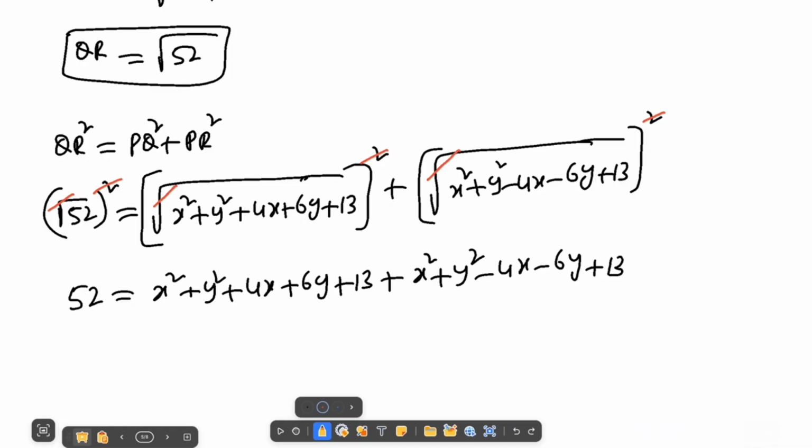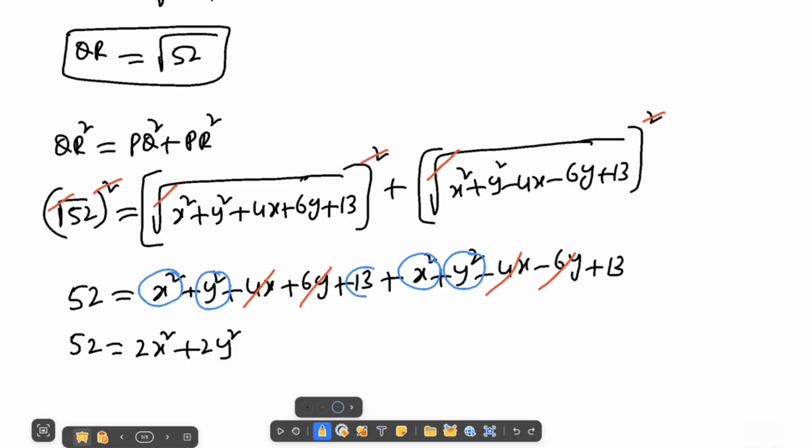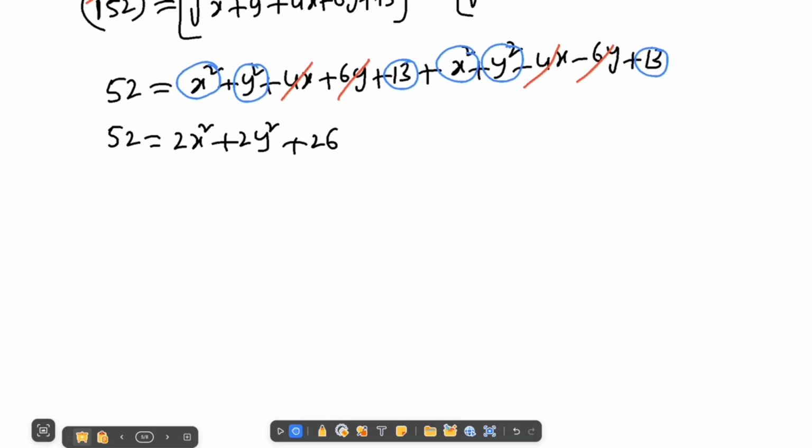Now cancellations are possible. Plus 4x minus 4x cancel, plus 6y and minus 6y cancel. So what are the remaining things? Left side we will have 52. Right side: x square plus x square is 2x square, plus y square plus y square is 2y square, and the numbers 13 plus 13 is 26. So bring 26 to the left side.